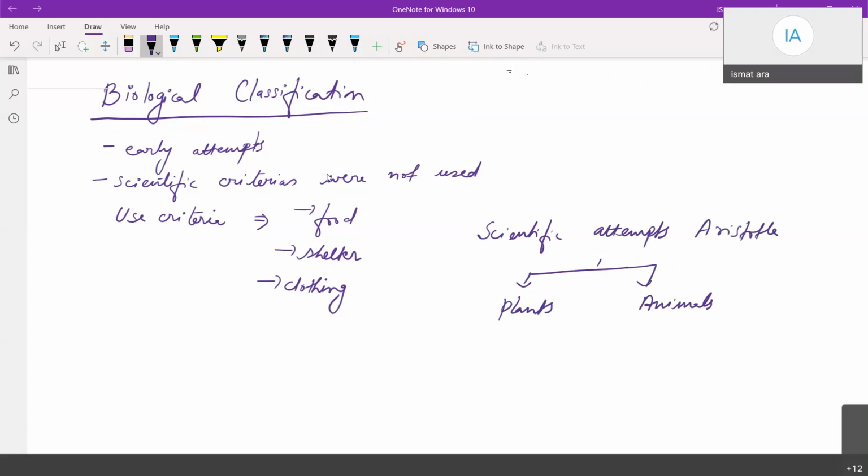Plants he divided on the basis of morphological features, on the basis of habit.